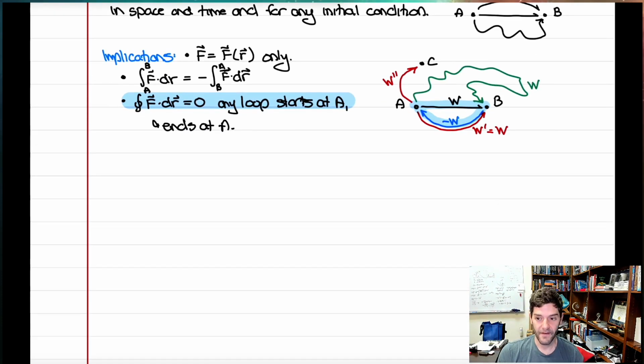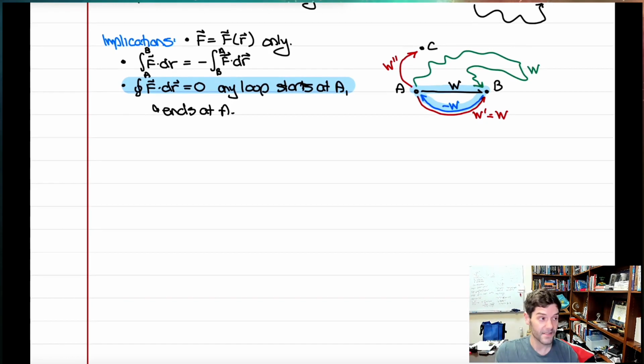There is a vector version of this, what is in essence the fundamental theorem of calculus, but for vectors, which is called the fundamental theorem of line integrals.